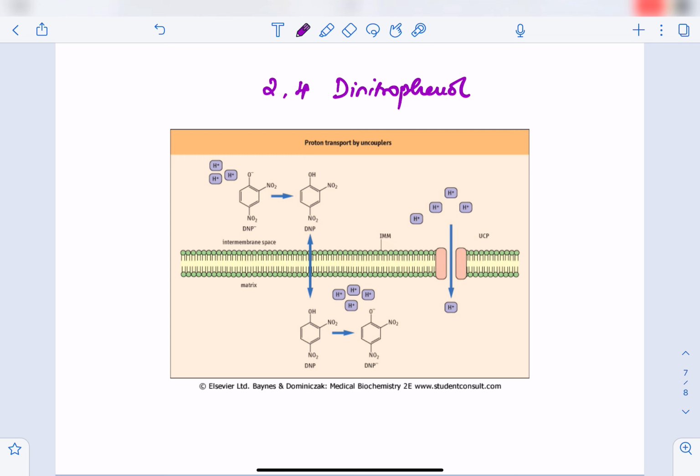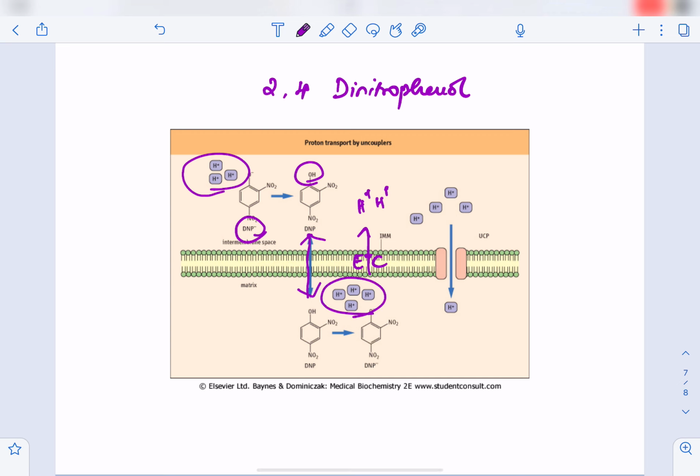In the intermembrane space, where the electron transport chain pumps out all the H plus, the dinitrophenol accepts the H plus. It easily traverses the mitochondrial membrane into the matrix, where it releases the H plus ions.